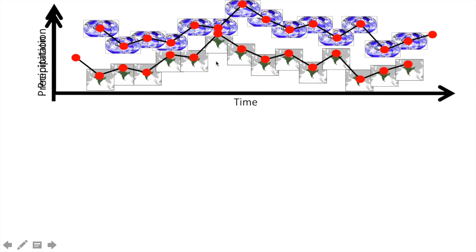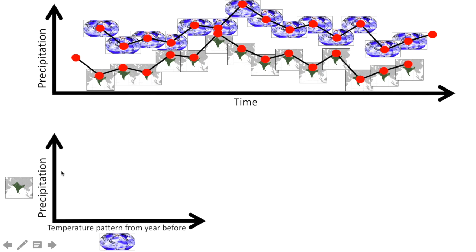And so the way that this is typically thought of, instead of looking at this in time, we look at this in terms of the relationship in two-dimensional space of the predictand, precipitation over India, and the predictor, temperature pattern from the year before on the x-axis here. So we can take these data points and compress them into two-dimensional space, relating the predictors to the predictands.